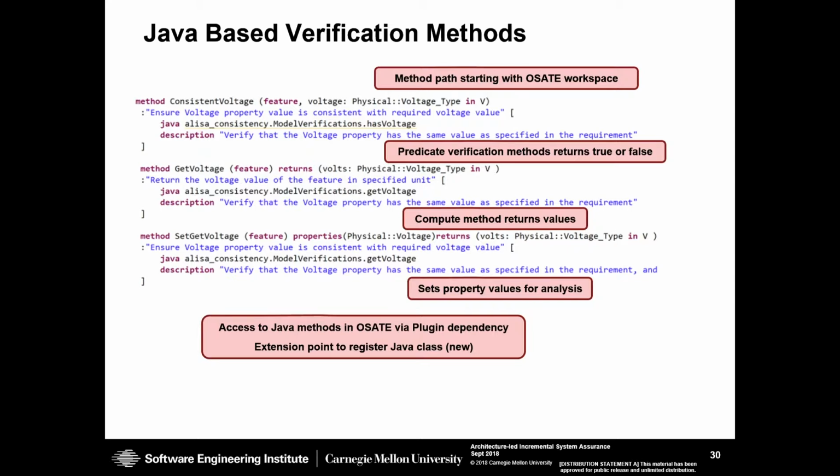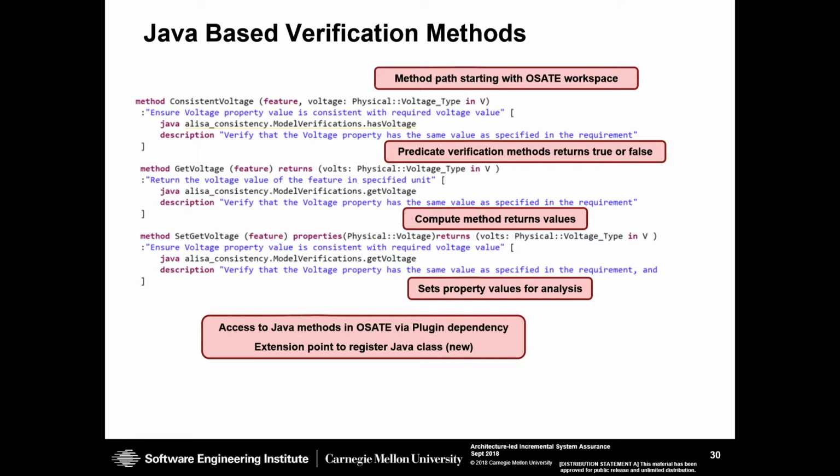You indicate which model element it applies to, whether it's a component, a feature, a flow, or a connection, and additional parameters. As I mentioned earlier, in some cases the method itself determines whether certain things are satisfied, true or false. So we can return true or false, and we deal with that accordingly.